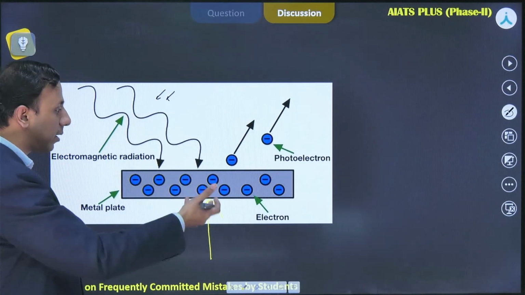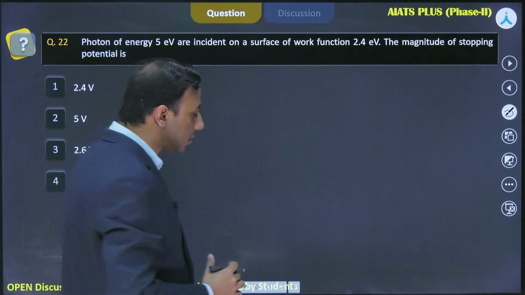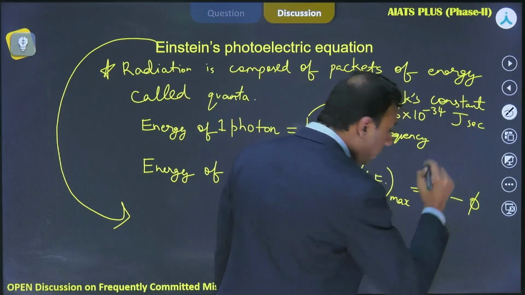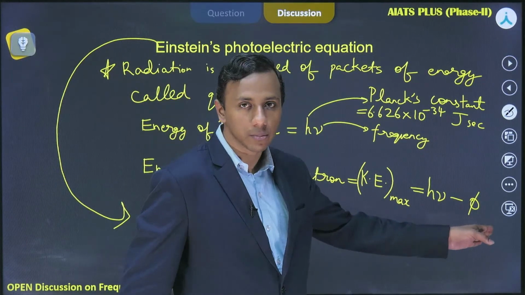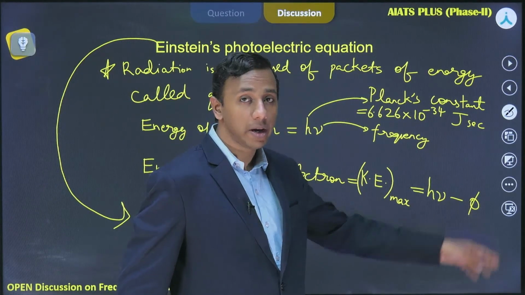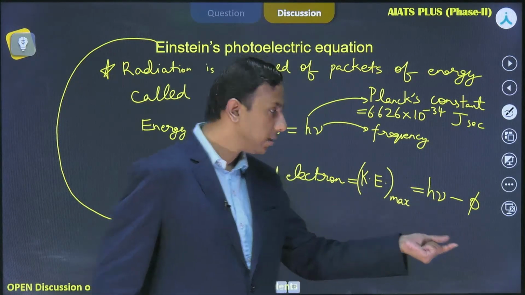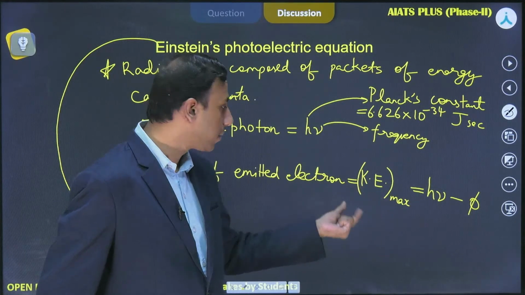So the photoelectron is losing some energy, and that one is called phi. Phi is nothing but the work function. This depends on the metal surface. Please remember, phi does not depend on the incident light, h nu depends on your incident light, and this one belongs to your photoelectron.